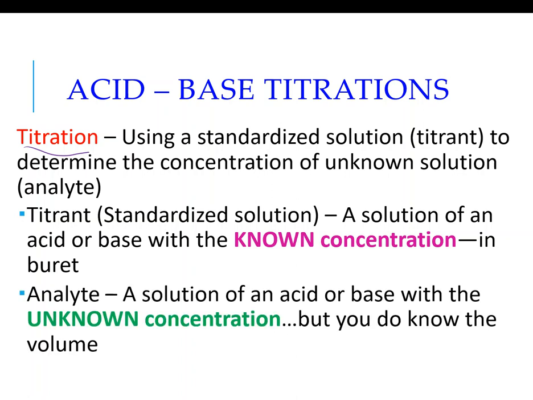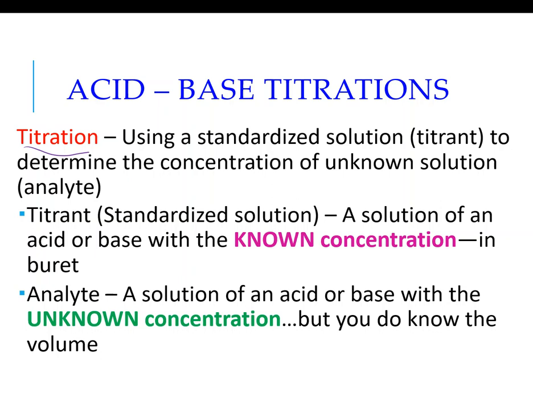So the unknown, or the one you're analyzing, would be considered the analyte. The titrant, of course, is the one that you're using, the standardized solution, the one that you made up, that you know the exact concentration for. That one's always called the titrant. Okay? Some basic terms of acid-base titrations.